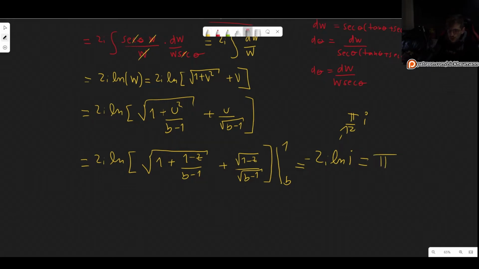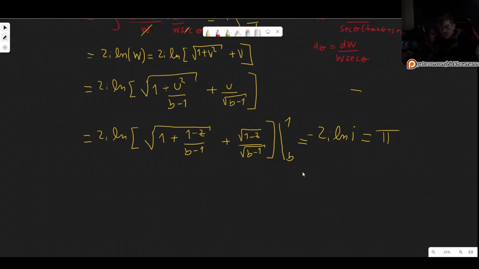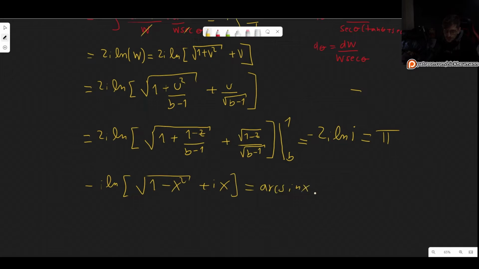So that is one way to solve it. If for some reason you don't have access to that, you can use something called the arcsine logarithmic formulation, which allows you to go from the natural log to arcsine. I made a video showing where you get this formula: minus i times the natural log of the square root of 1 minus something squared, plus i times that same something, is the arcsine of that something.